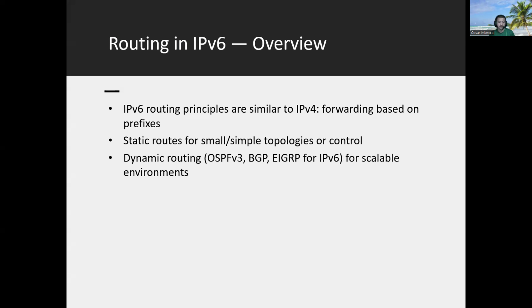Static routes are used in small or simple topologies, and that is the administration we are doing with static routes. Finally, the last piece of the puzzle is dynamic routing: OSPFv3, BGP, and EIGRP for IPv6 for scalable environments.